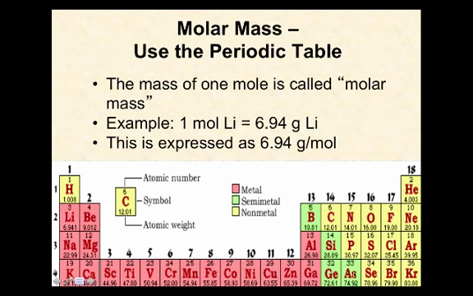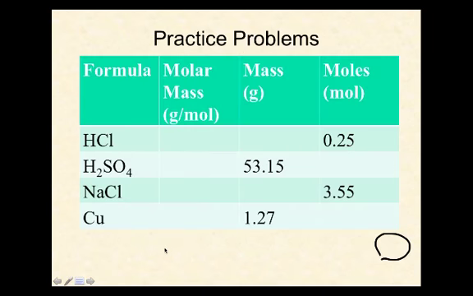Hydrogen is 1.008, and then chlorine way down here is 35.45. Now back to the problem. So first we need the molar mass right here. If hydrogen is 1.01 and chlorine is 35.45, then we don't need a calculator, just add those together, 36.46 grams per mole for HCl.